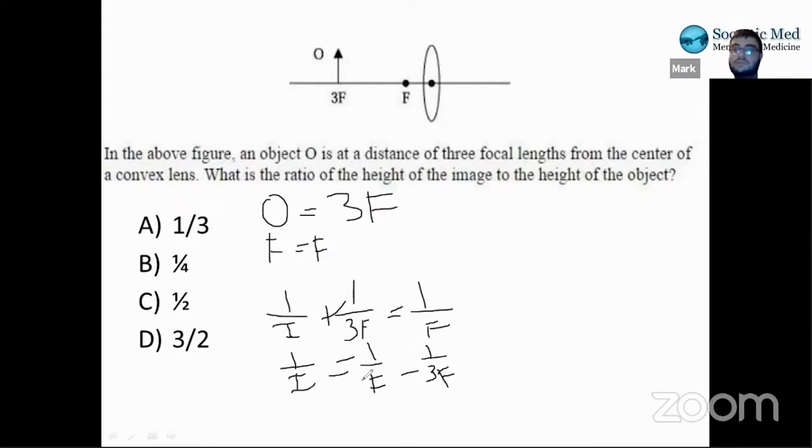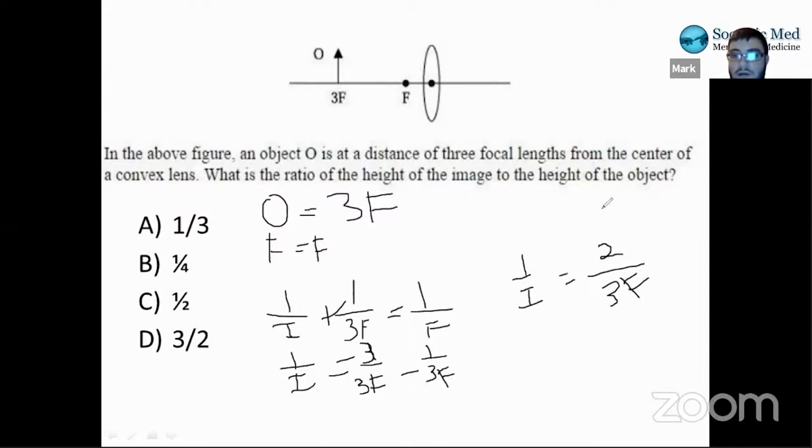Doing a simple subtraction with fractions, if you remember, get like terms in the denominator. So multiply this by 3, multiply this by 3. Now you have 3 over 3F, which is equivalent to 1 over F, minus 1 over 3F, to get 1 over I. What you get when you do this is just 2 over 3F is equal to 1 over I, right?